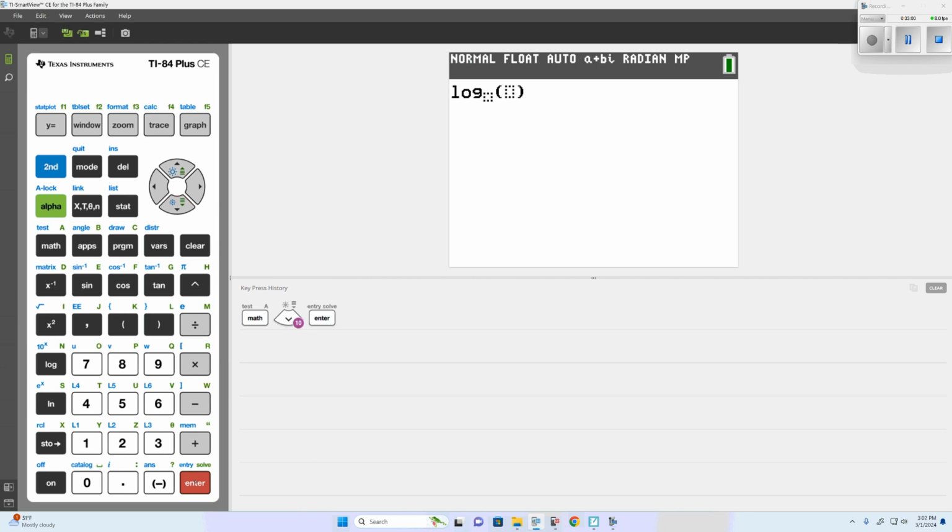If you notice for this one, it actually gives us a spot to put the base value. So here the base value is 4, and our number inside the parentheses is 256. Because if we're given the base and the number inside the logarithm, this will calculate it for us.